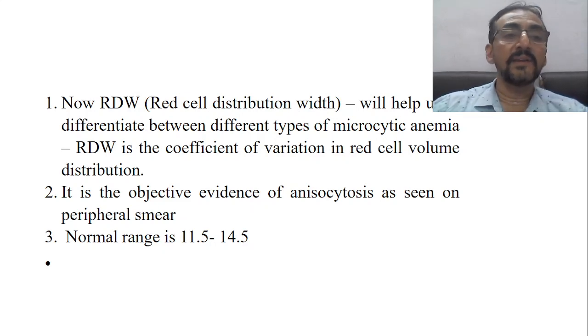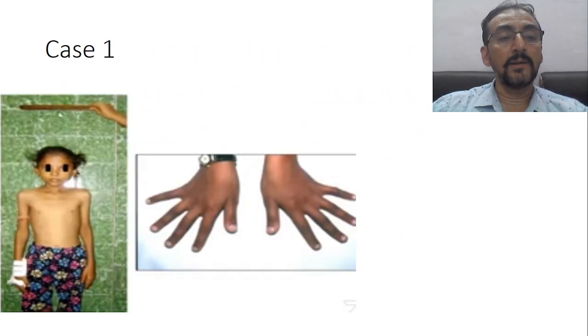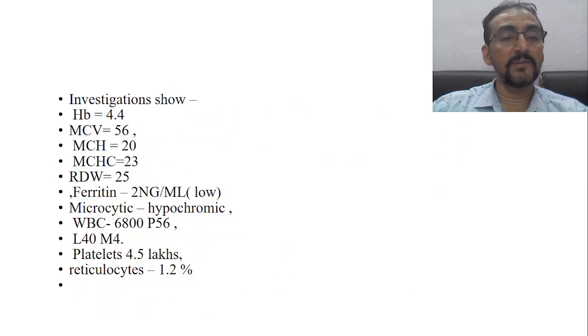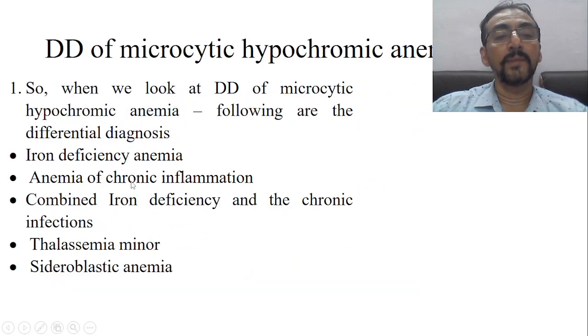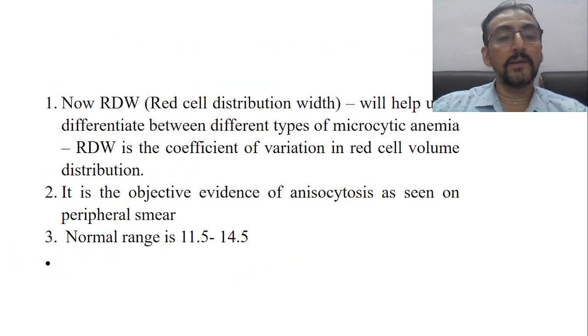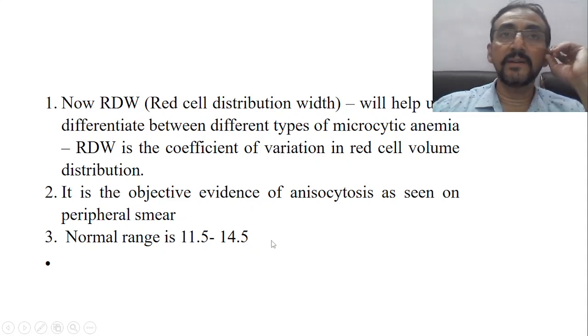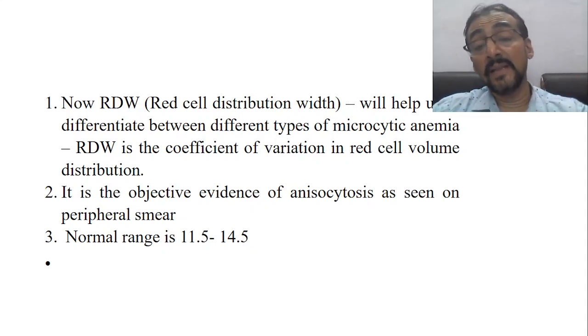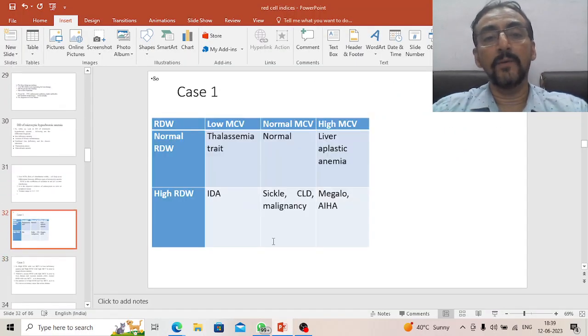Now in this case, RDW has been given as 25. Here they are telling that RDW normal is 11 to 14.5. Now here the red cell distribution width has increased a lot. So how are you going to interpret this now?